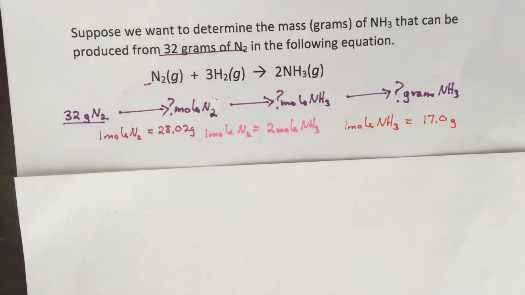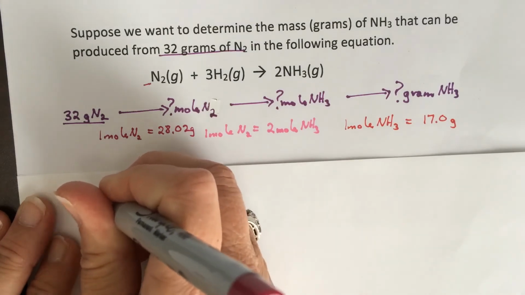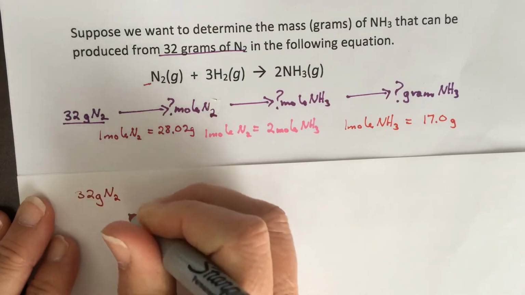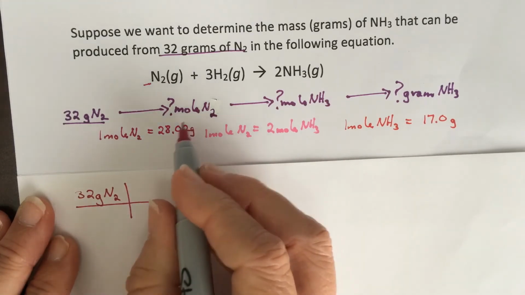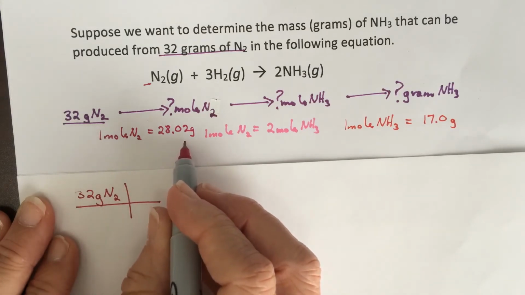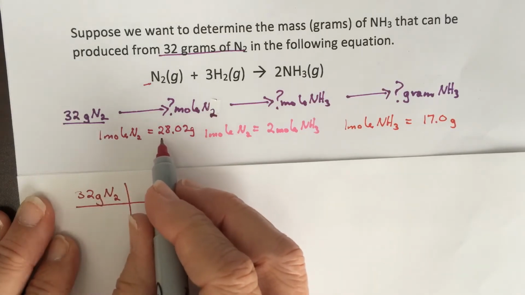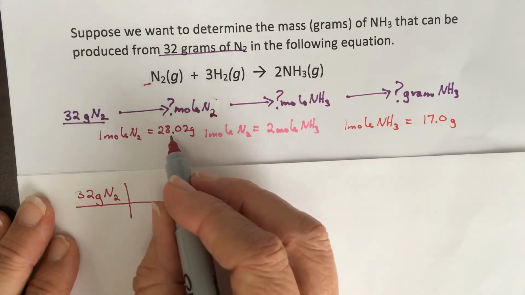So let's go through the steps. We'll begin with our 32 grams of nitrogen. We'll need to convert our grams of nitrogen into moles of nitrogen, and we will use the molar mass to do so. 1 mole of nitrogen is 28.02 grams, and so we want grams to disappear.